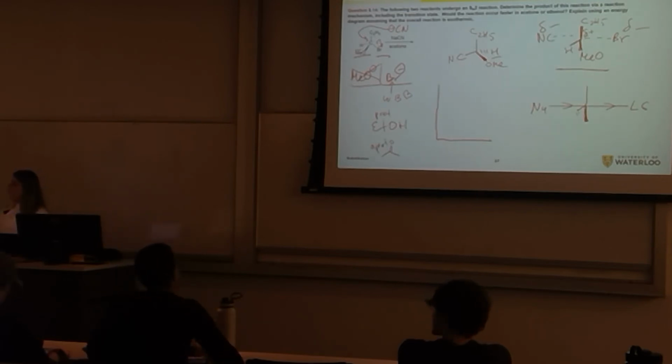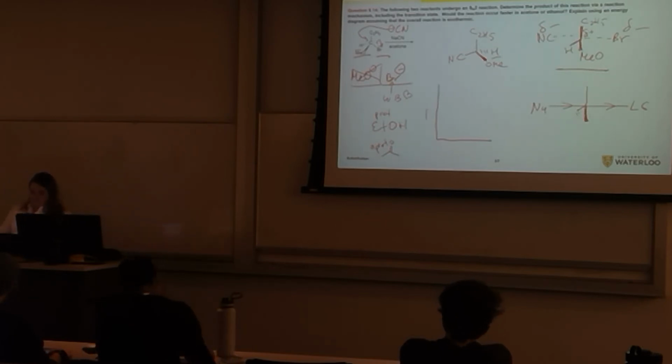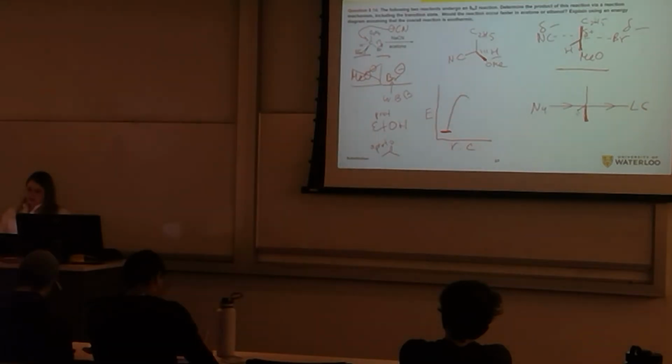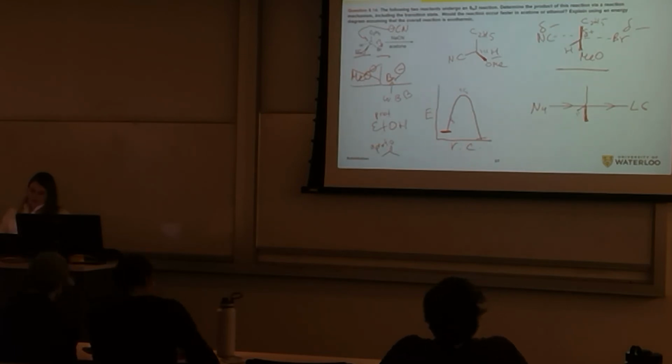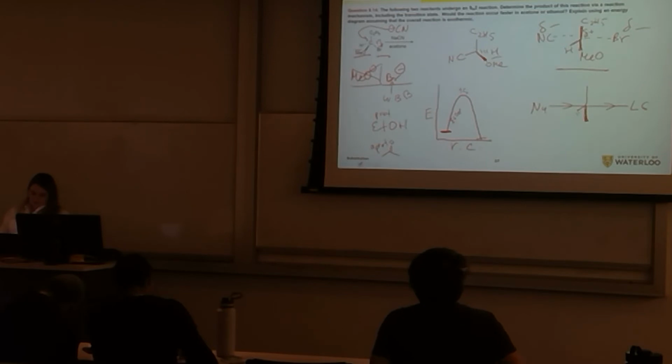Your sodium CN will be more stabilized. So on your reaction coordinate, the reactants will actually have lower energy because your anion is more stabilized. And then you will need to overcome the activation energy and you will form your products. That will be the transition state, and that would be in ethanol.